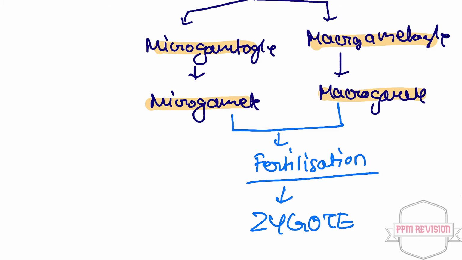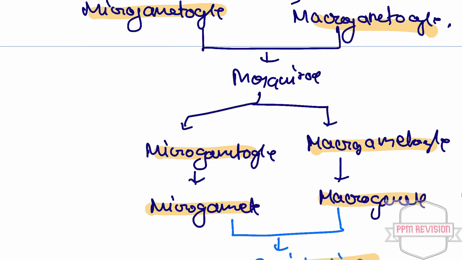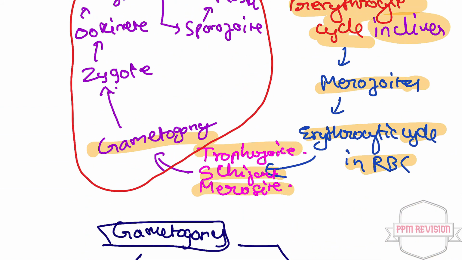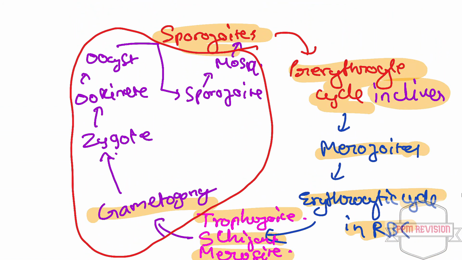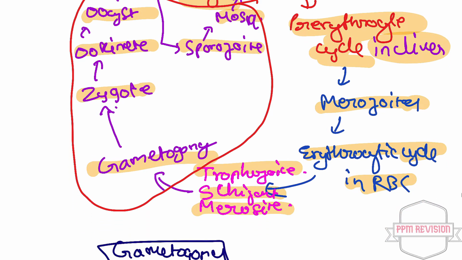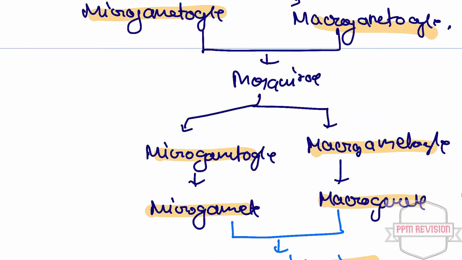After that we have zygote formation, then ookinete, oocyst, and then sporozoite, and then again it is transferred by the mosquito from an infected person to a normal individual. So that was the life cycle.